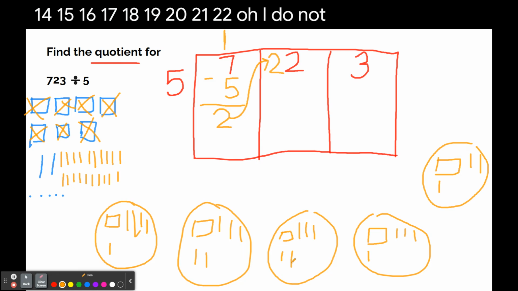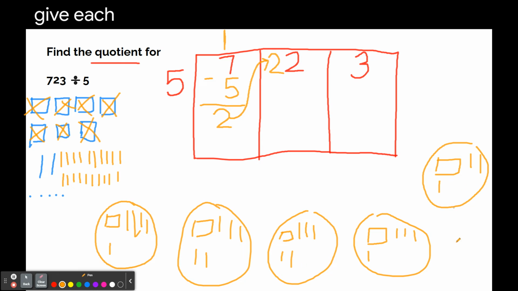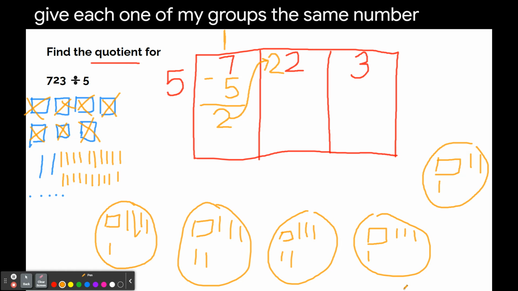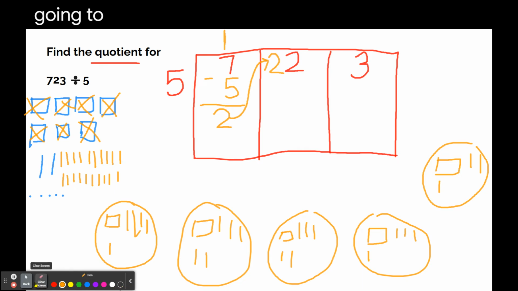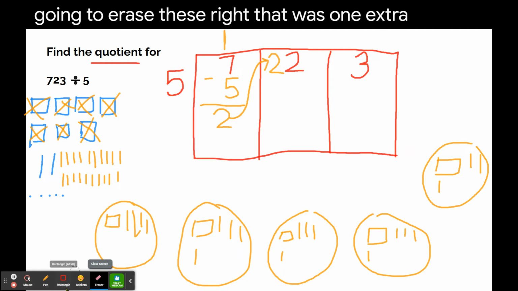Oh, I do not have enough to give each one of my groups the same number of tens. So what I'm going to do is erase these, right? Because that was one extra.